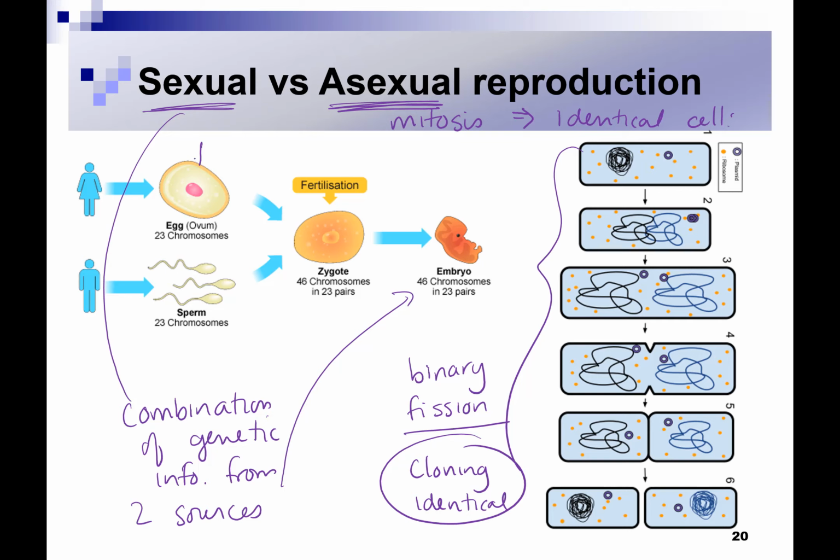The way you do sexual reproduction is you make cells that have N chromosomes, haploid, and they combine to make a 2N zygote. So this process of making these haploid cells is called meiosis, and that is the next video that you will watch. All right, thanks.